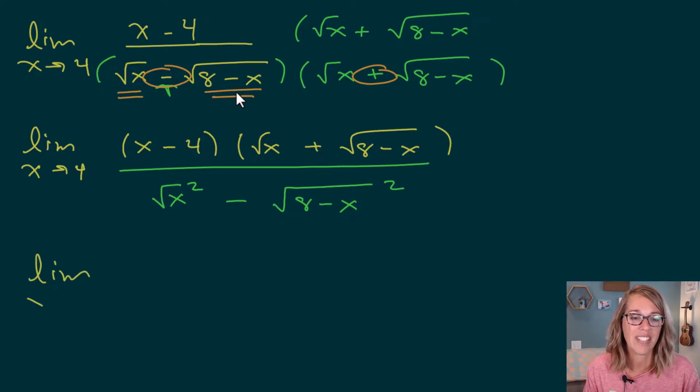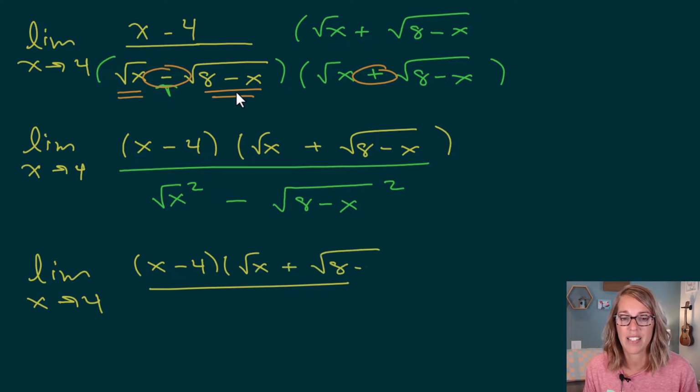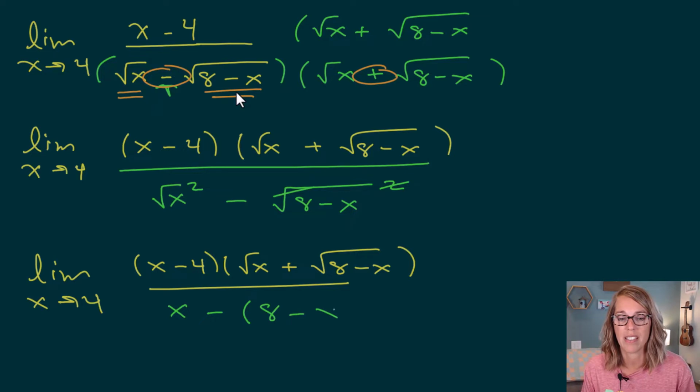My goal is to cancel something. So the limit is x approaches 4. I'm leaving that numerator. I'm going to simplify the denominator though. Let me write this numerator in here, 8 minus x. My denominator though becomes an x. I'm just canceling these squares and square roots, minus parenthesis 8 minus x.